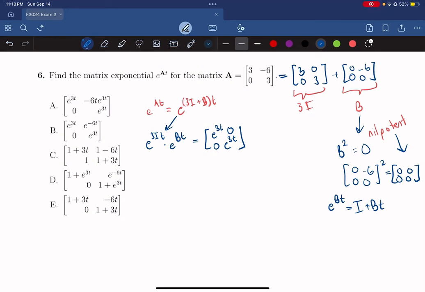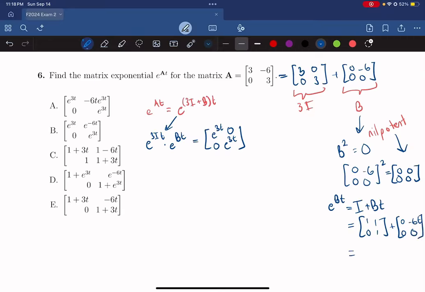But in this case, it's just I plus bt, and I think for the scope of this class, most of them will be like this. So e to the bt is going to be I plus bt, which is your identity matrix plus bt, which is literally just negative 6t, and then zeros everywhere else.